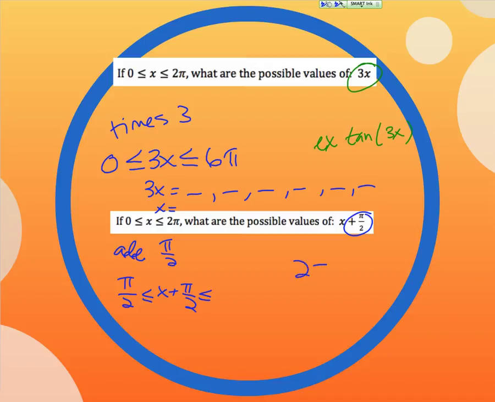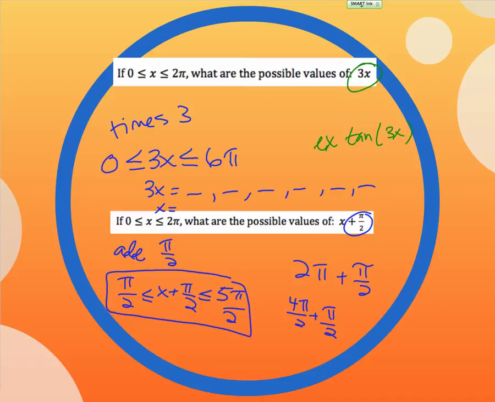Well, I can kind of figure that out the way I was doing the fractions before. I'd have to times this by 2. So I have 4 pi over 2 plus pi over 2. So that would be 5 pi over 2. So that would just be something that's a little bit different that you have to kind of worry about there.